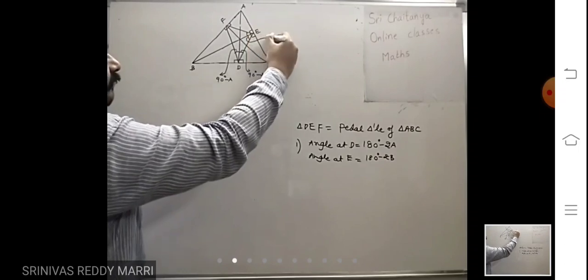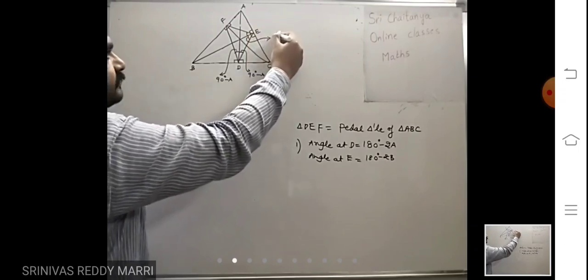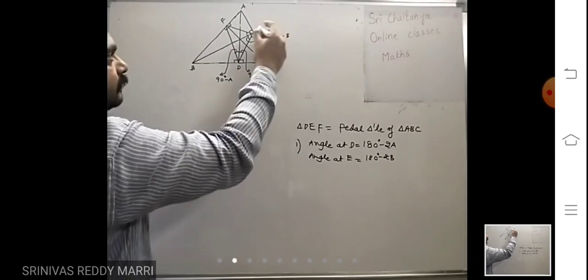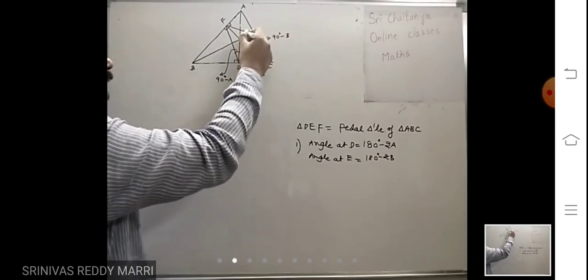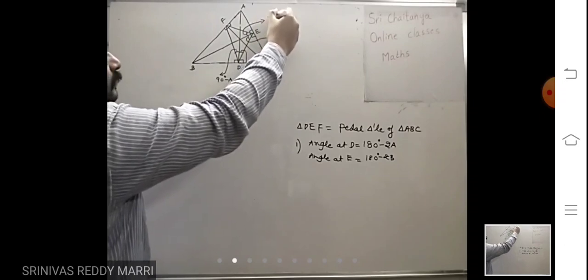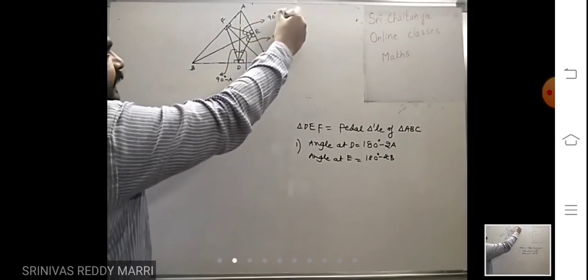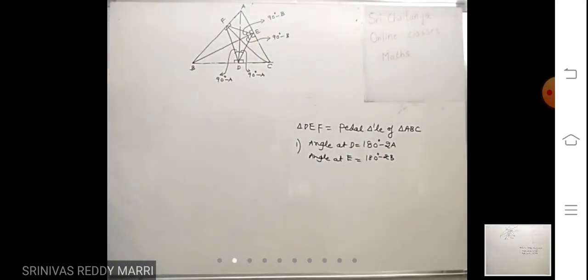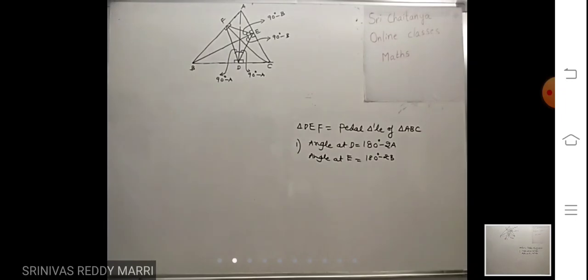These angles are half. So this will be 90 degree minus B, and this will be 90 degree minus B. So the complete angle of the pedal triangle is 180 minus 2B. Remember this one.